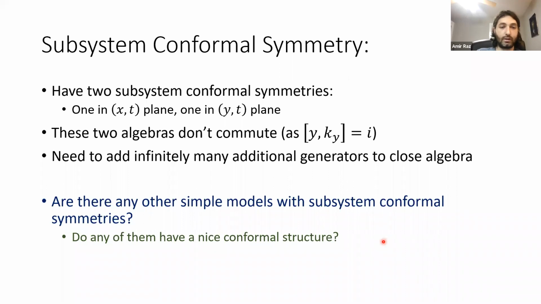And maybe some of them will also have nicer conformal structures. And so maybe we can come up with examples where this algebra isn't infinite dimensional, or maybe where we can actually think of what this algebra constrains, or how it constrains the theory.